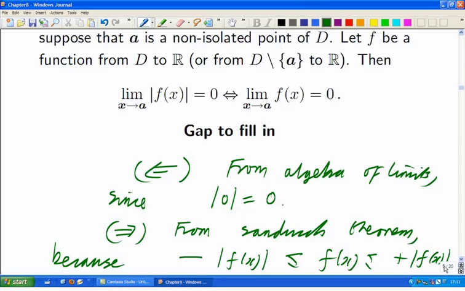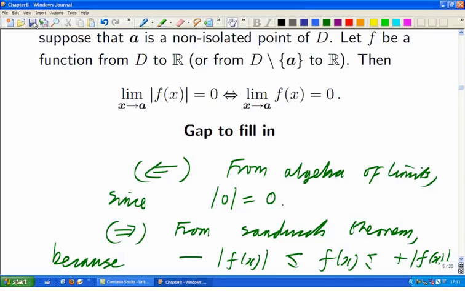So if modulus f of x tends to 0, then minus mod f of x does as well. That's part of the algebra of limits. You're multiplying by minus 1. So you get it squeezed on both sides by its modulus. And if they both tend to 0, then f of x has to tend to 0 as well.